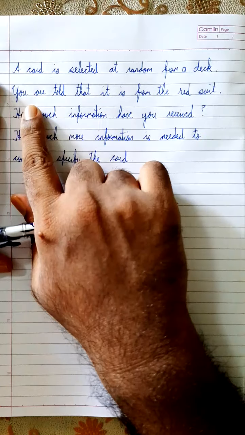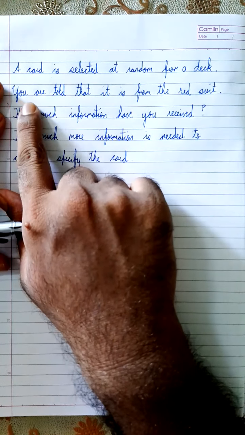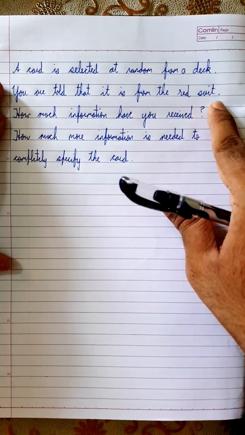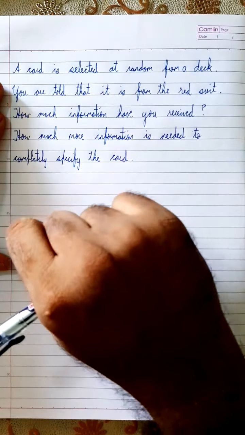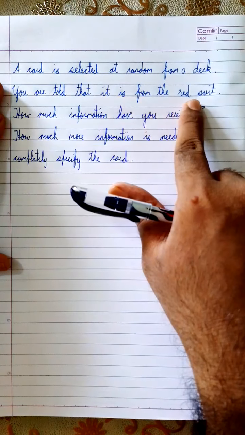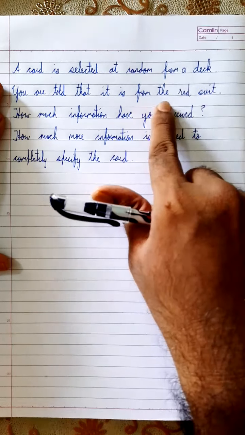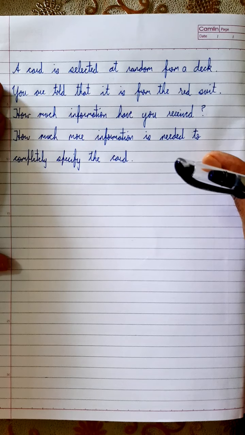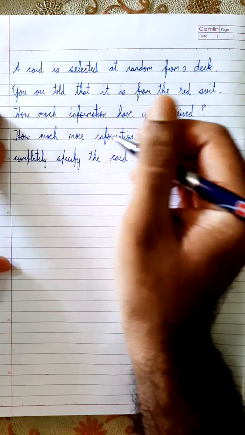So now let's read the question. You are told that it is from the red suit. So how much information have you received? After being told that the card is red color, how much information have you received? That is the question. So let me write the total number of cards.